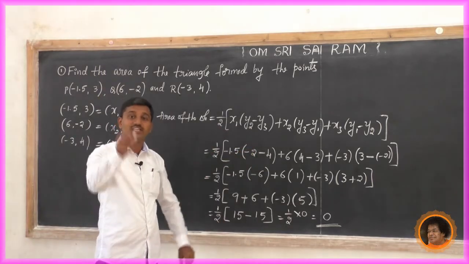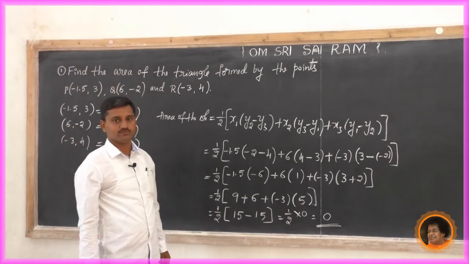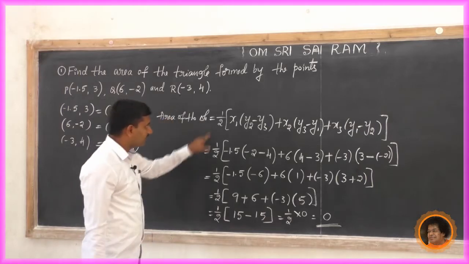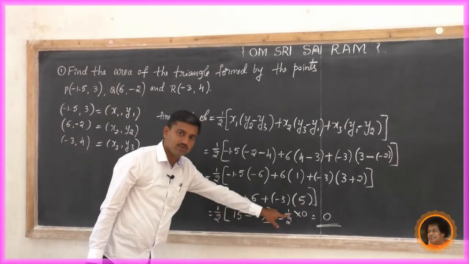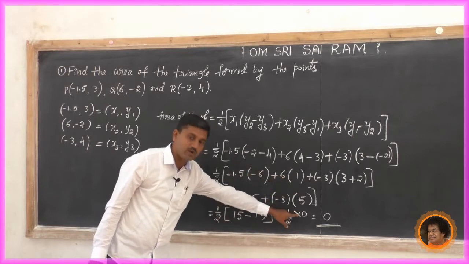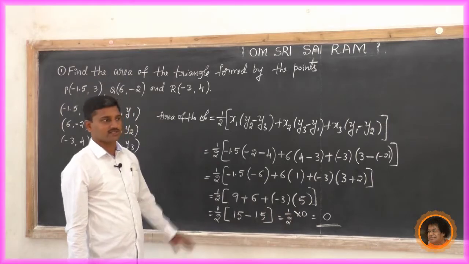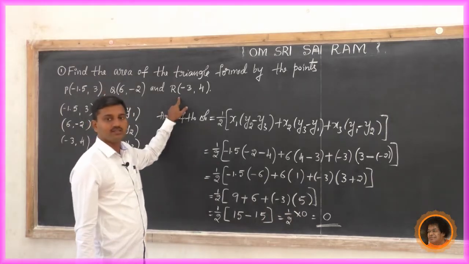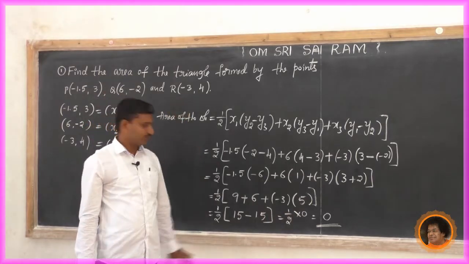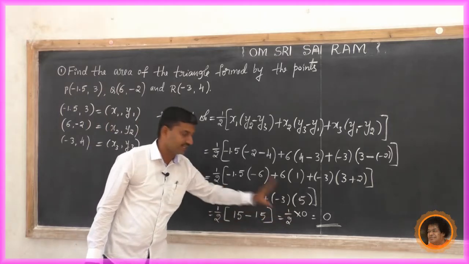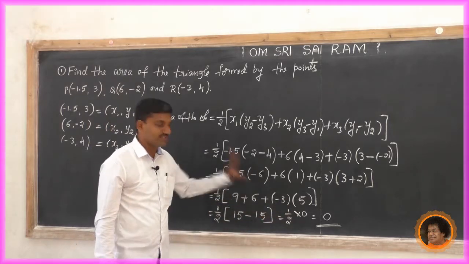That's why the area of the triangle is 0. So the three vertices of the triangle are collinear. This is the answer: the area of the triangle is 0 square units.